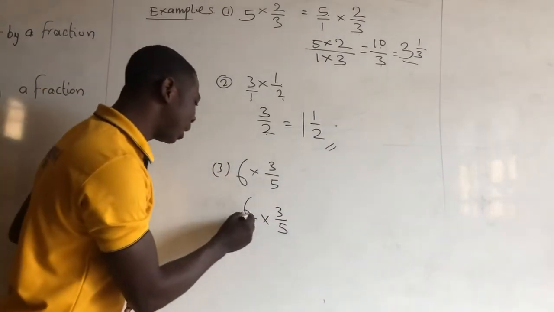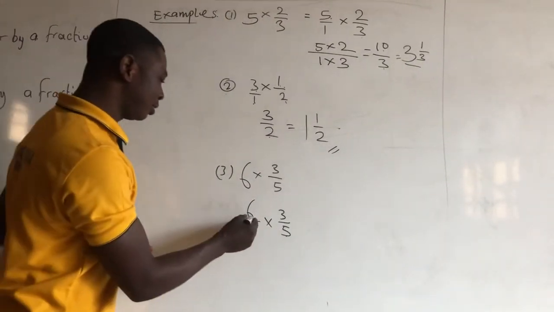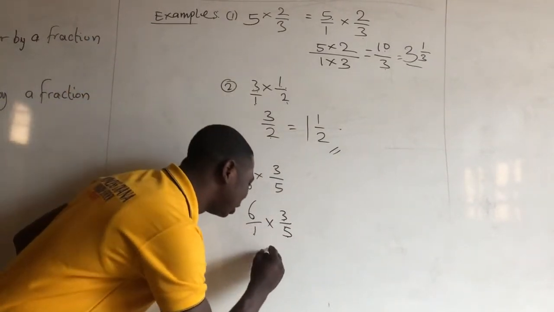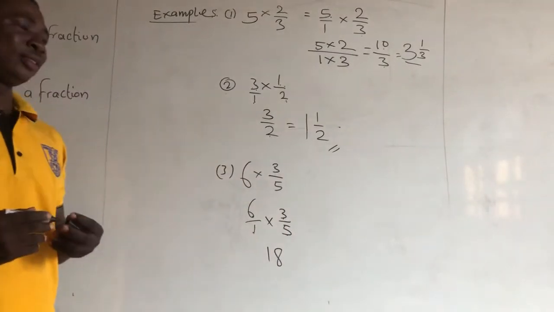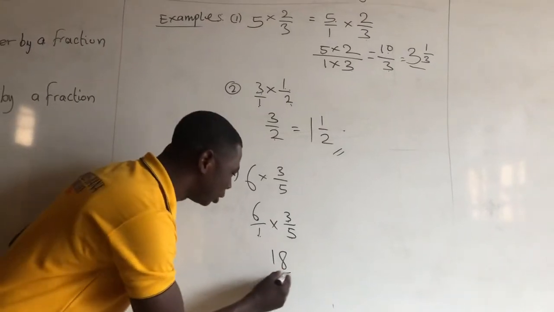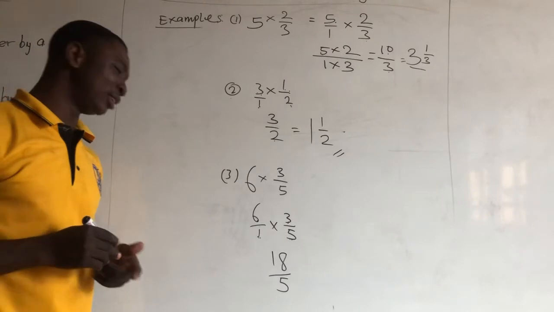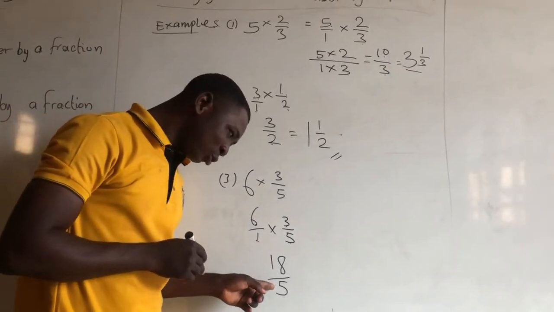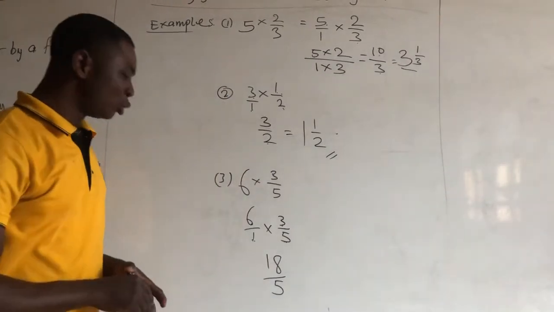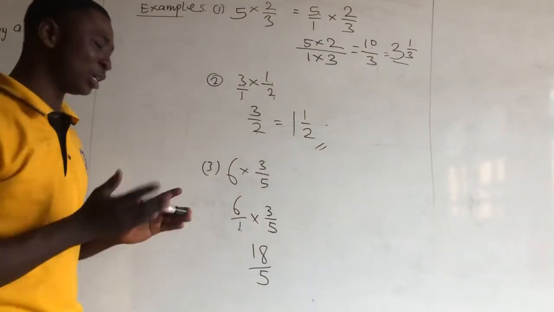And numerator by numerator, denominator by denominator. So 6 times 3 will give me 18. 1 times 5 will also give me 5. You see something is happening here again. This small boy is carrying a big load. So we have to remove some of the load so that you go and come again to carry the rest.